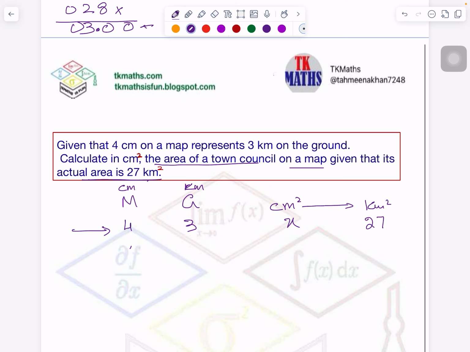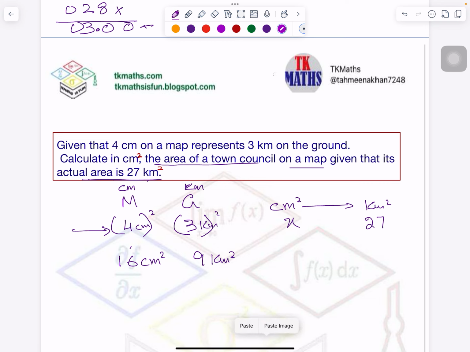So first of all, let's square the scale. This is centimeter and this is kilometer. When you square, it will become 16 square centimeter, and this is 9 square kilometer. And it is already given to you that on the ground it is 27 square kilometer, and what is it on the map?